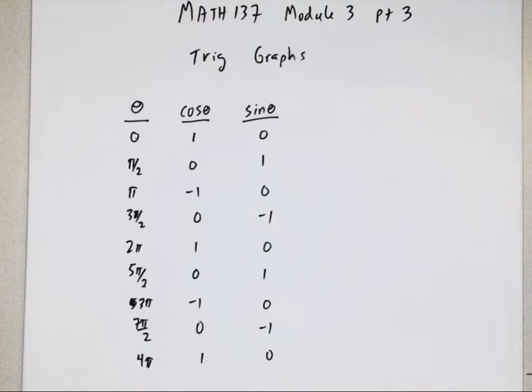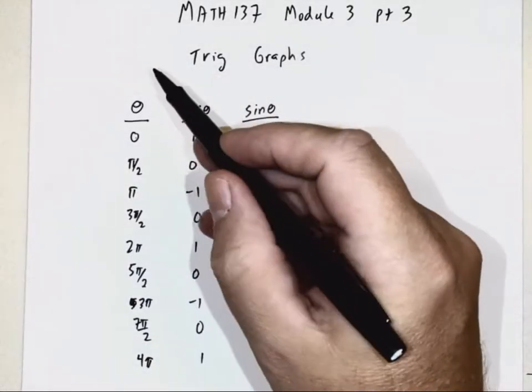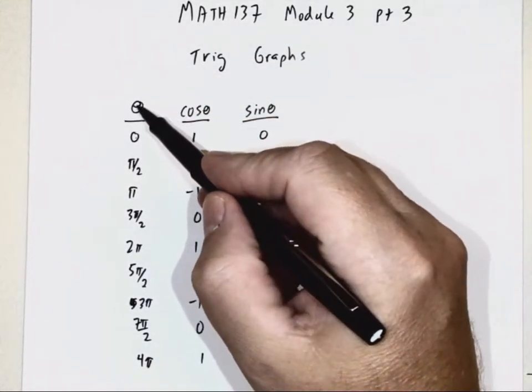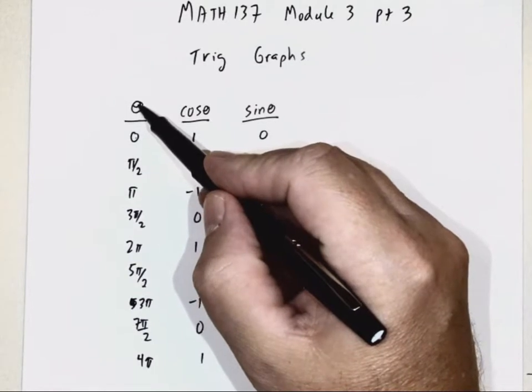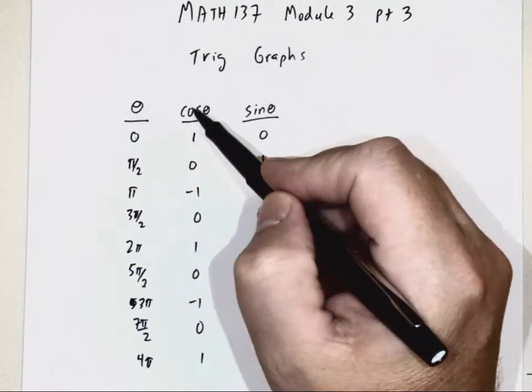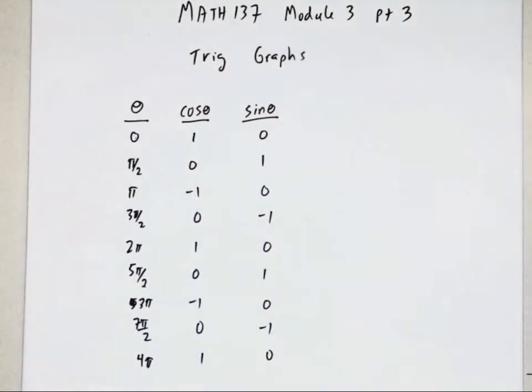Here's what I'm going to do now. Now I want to go ahead and graph. Now, let me do this. This could be a little confusing, but we have to do it because this is how the book does it. It just made sense to me that when I created this table, my angle was theta, and then here are my trig functions.